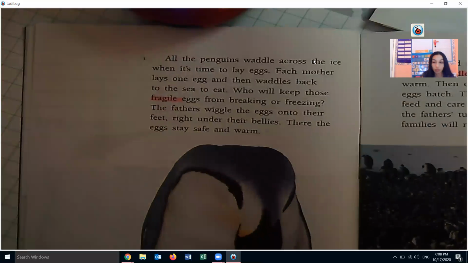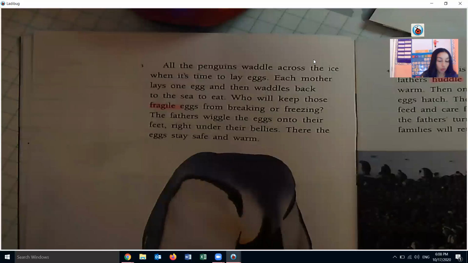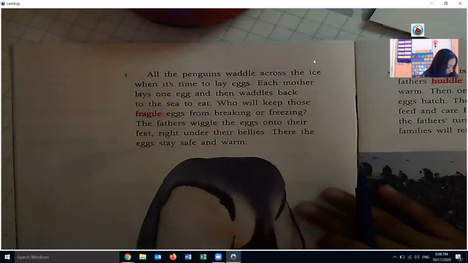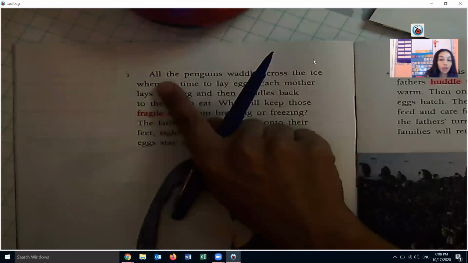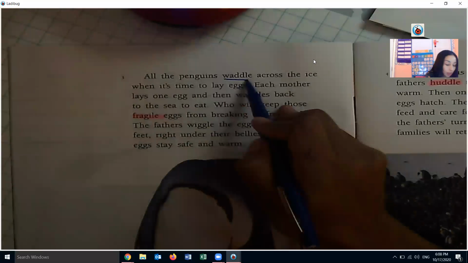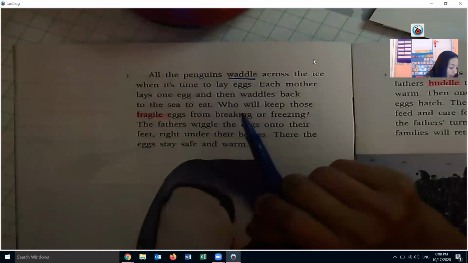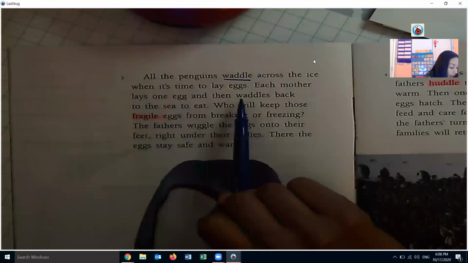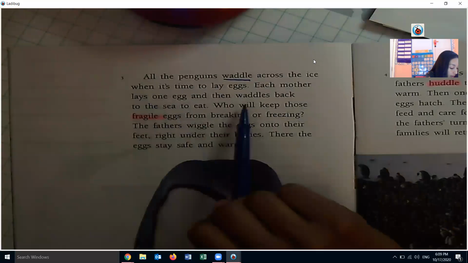So here's the first part, finish reading the story. Paragraph 3, page 8. All the penguins waddle, that was one of the words on the pamphlet, across the ice when it's time to lay eggs. Each mother lays one egg and then waddles back to the sea to eat.